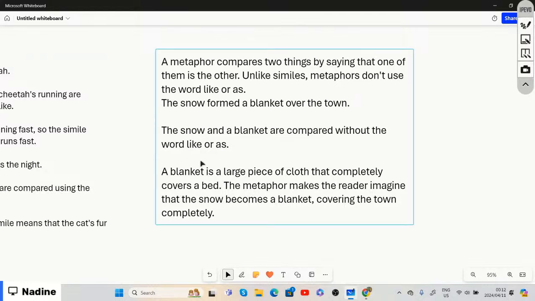So it's saying that one thing is like the other thing. And if we look at an example, we can say the snow formed a blanket over the town. So we see that a metaphor compares two things by saying that one of them is the other.